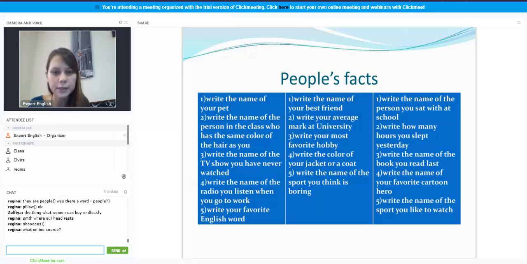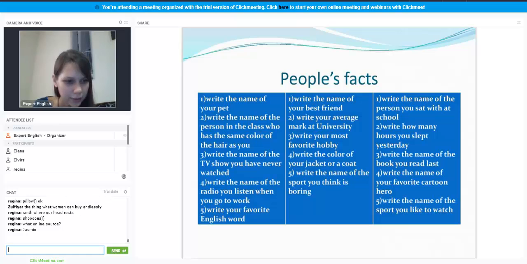So let's play it as well. Regina, I'm asking you to choose one of these cards and write your answers, and we will try to guess which card you are filling in. So Jasmine, yes. Can you write just in the chat, please? What do you think?